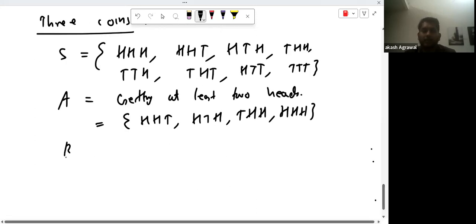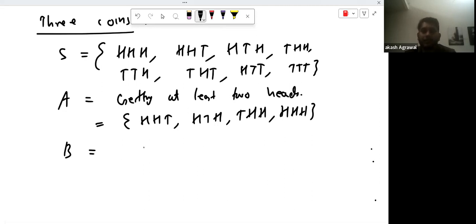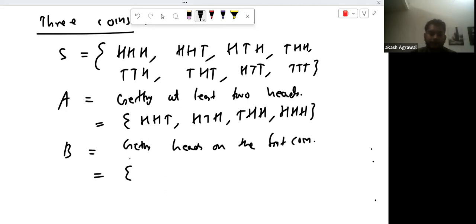Now suppose event B we are describing as getting head on the first coin. Tell me its sample space.